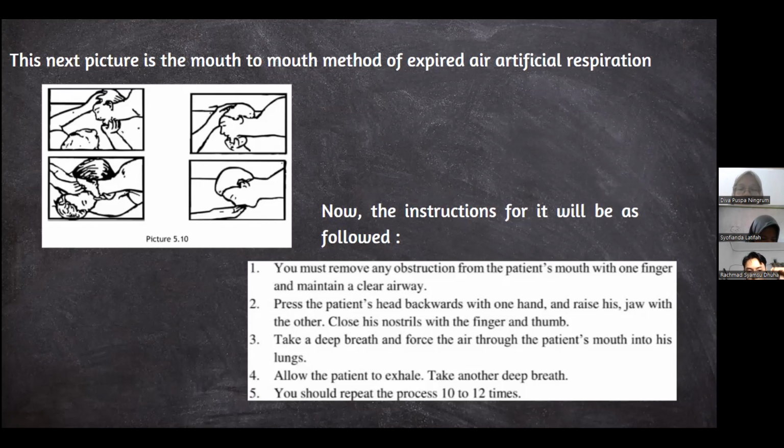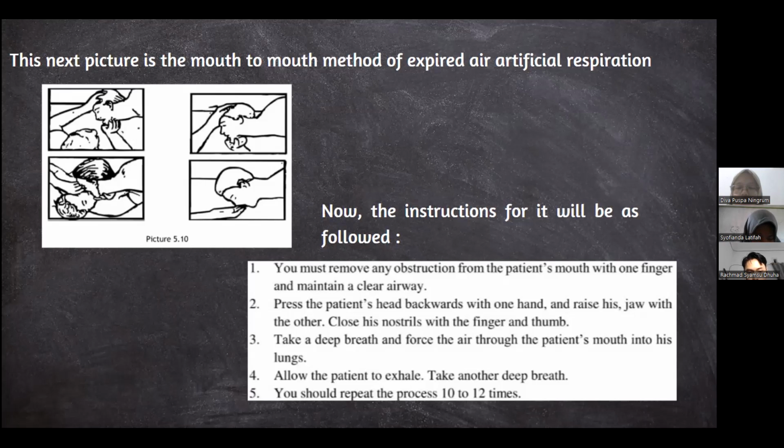Firstly, you must remove any obstruction from the patient's mouth with one finger and maintain a clear airway. Secondly, press the patient's head backwards with one hand and then raise his jaw with the other. Close his nostrils with the finger and thumb.